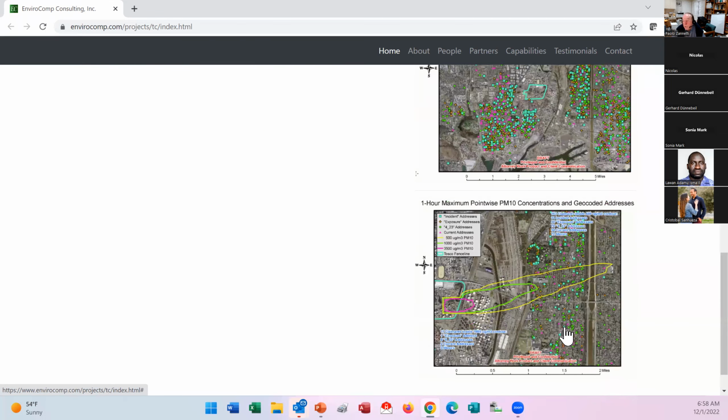And this was my simulation. Using the best available science, I was able to establish that the plume impacted this area. And if I remember well, my plume was further enlarged. They added 10 degrees plus or minus of uncertainty.